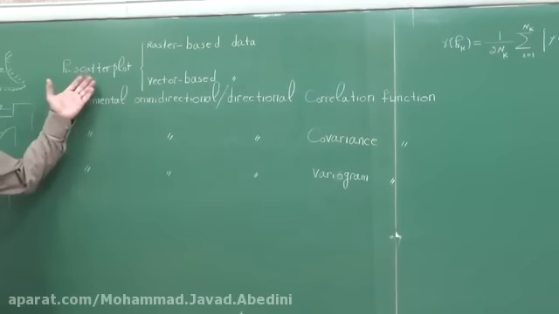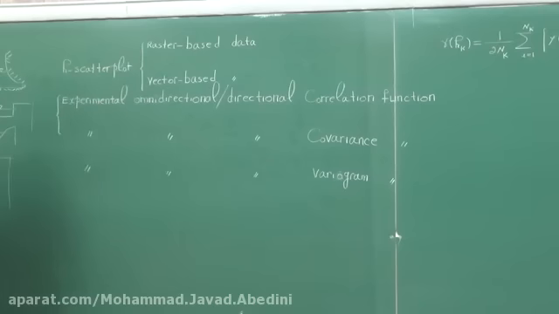Because of the regularity in raster-based data, we prefer to start touching on h-scatter plot for raster-based data. You have to freeze two things when you want to prepare h-scatter plot.